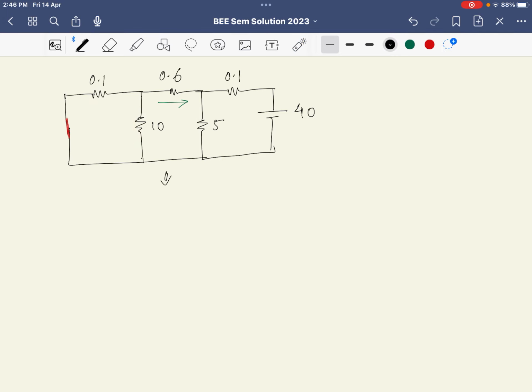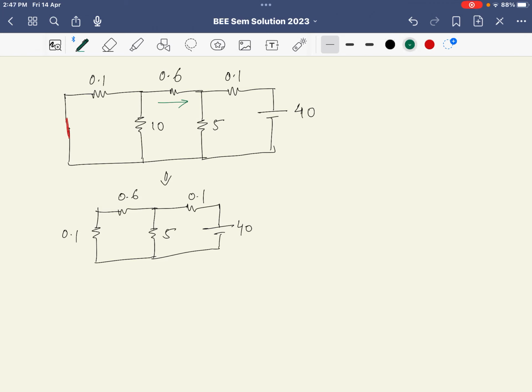So obviously it will be replaced by a smaller resistance very close to 0.1. So we are writing here 0.1, and this is 0.6, this is 0, this is 5, and here we have 0.1, and this is the voltage source applied here, that is 40.